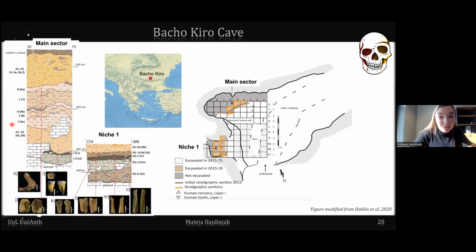So I have been really lucky to work with a team that has been excavating the Bacho Kiro cave. And what we did is, first we managed to obtain the full mitochondrial genomes of these individuals and show that they actually are ancient modern humans.